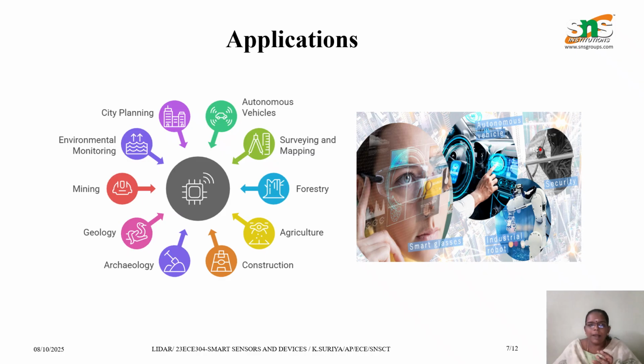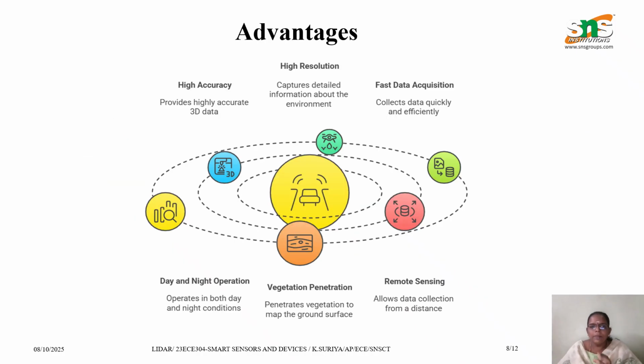Let us see the advantages of LiDAR, where it has high accuracy, which provides highly accurate 3D data. It captures detailed information about the scanned environment. It can collect data quickly and efficiently, and it can operate in both day and night conditions. Also, it allows for data collection from a distance, reducing the need for on-site surveys.